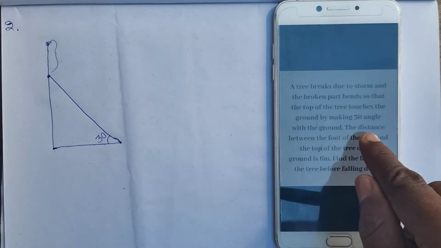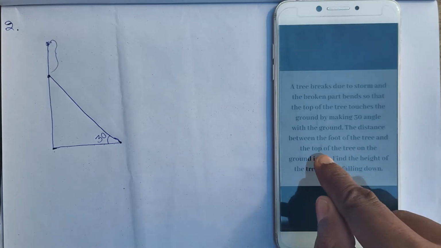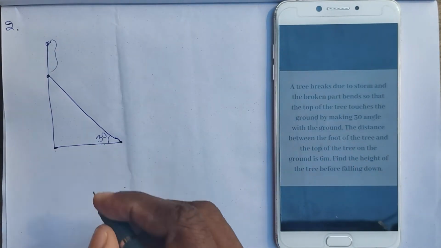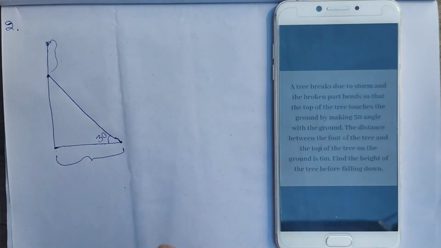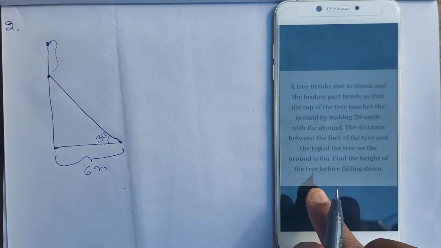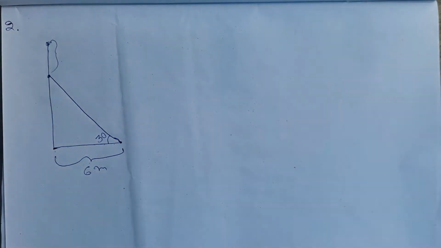Next, the distance between the foot of the tree and the top of the tree. Now this is the top of the tree and this is the foot of the tree. So this distance is given as 6 meters. Then he is asking to find the height of the tree before falling down. Before it fell down, we need to find the height.